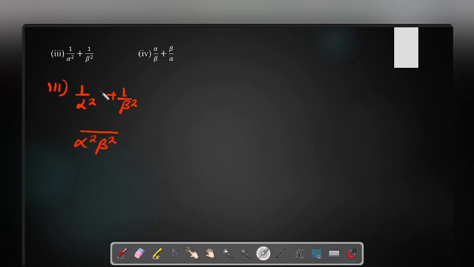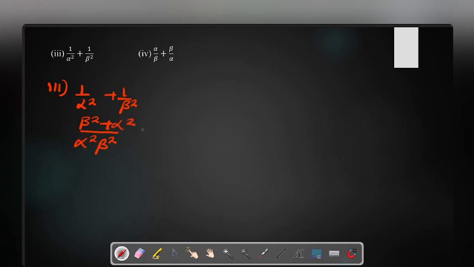So again now you start dividing. You're going to say this alpha squared into the denominator. So you can see that this alpha squared will cancel with this alpha squared, you will remain with beta squared. So here we say beta squared times 1, it will give us beta squared. Then plus again here we'll do the same, we'll say beta squared into the denominator, and we can see that beta squared and beta squared cancel, we remain with alpha squared here.